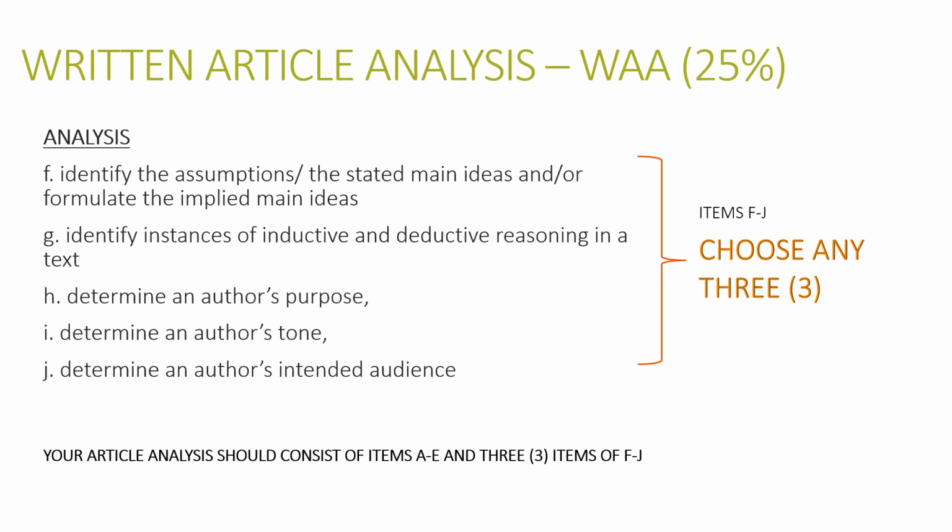It's all yours, but discuss with your partner. If you ask my advice, go for H, I, and J. It's better and easier. Your article analysis should consist of the 5 compulsory items A to E, and 3 items from F until J, and I highly recommend H, I, and J.